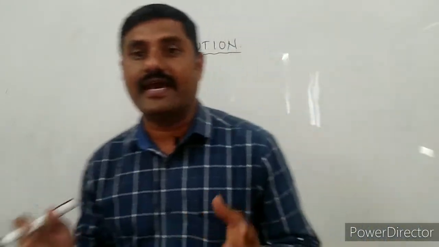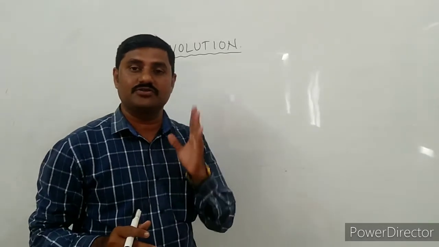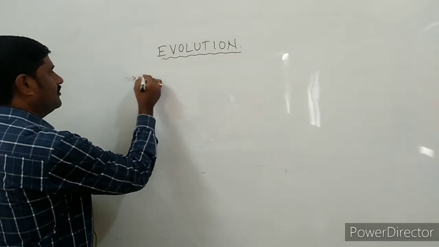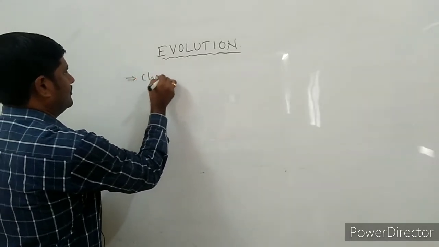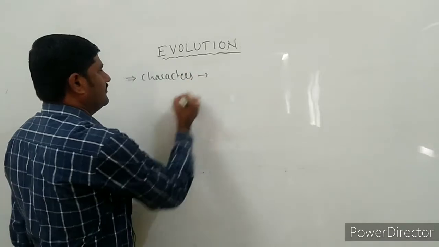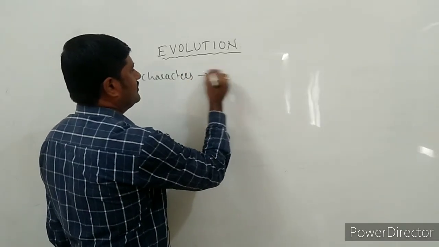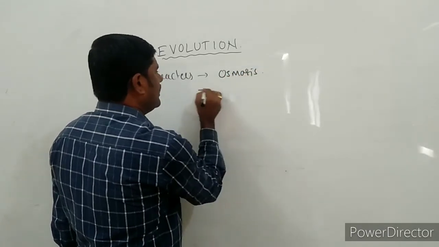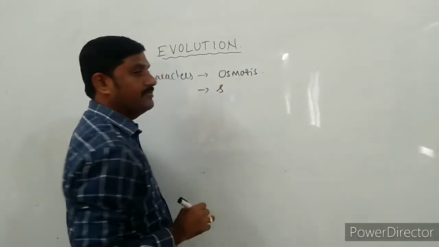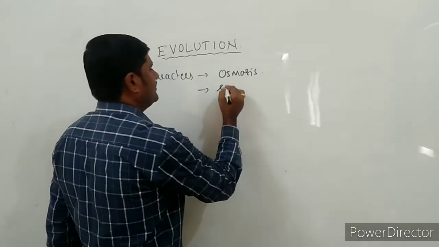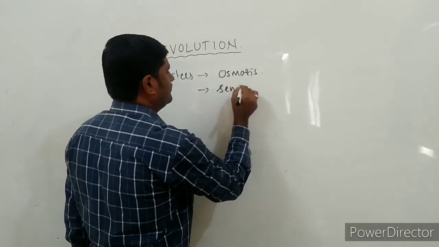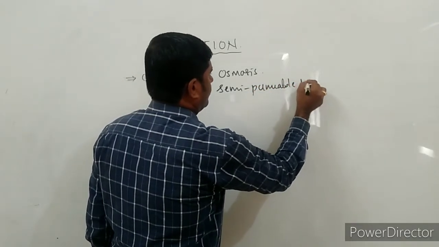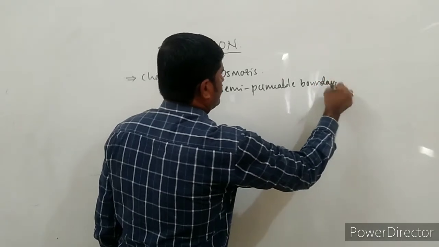What kind of living characteristic features did microspheres exhibit? So I was dealing with the same thing. They were exhibiting osmosis, and they have a semi-permeable membrane-like boundary.